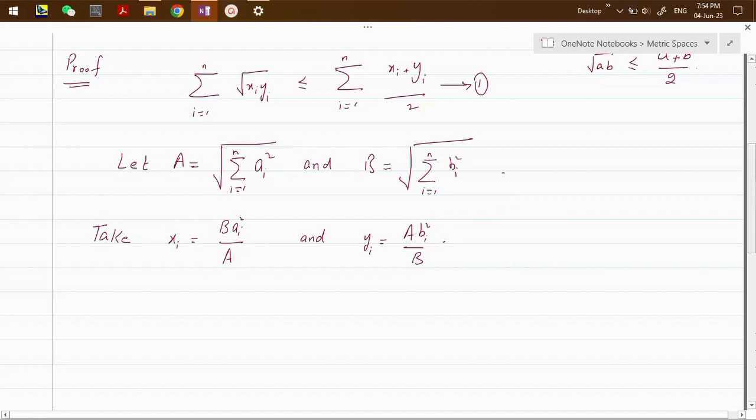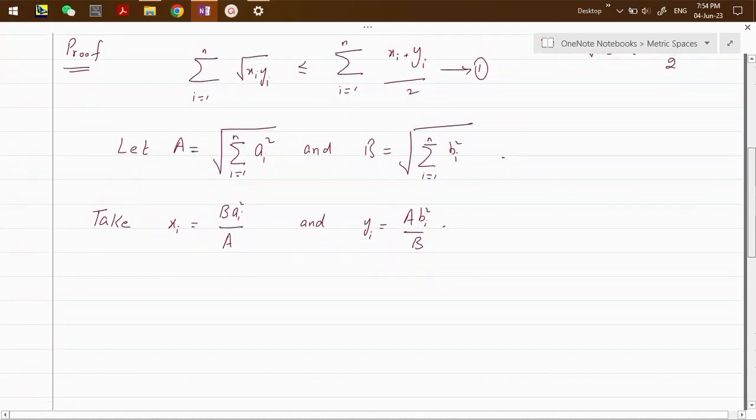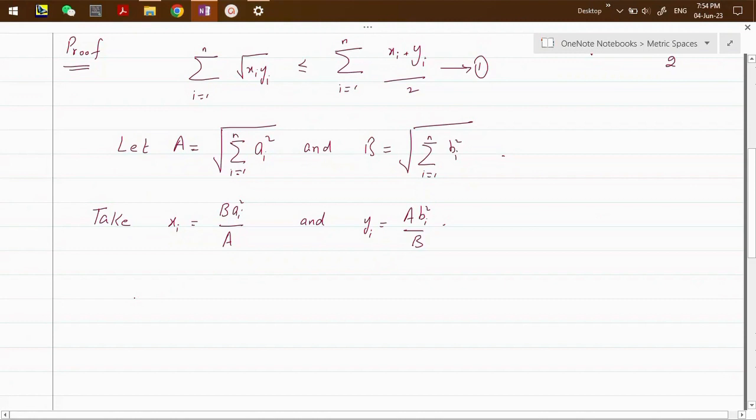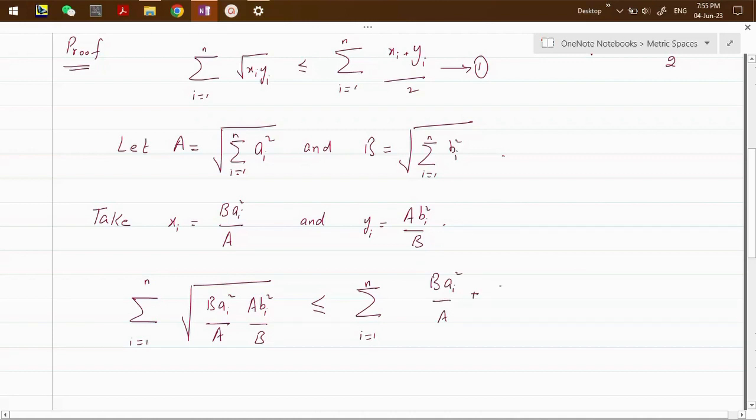When we put all these values of xi and yi in our equation 1, we get summation i from 1 to n root of b ai square over a into a bi square over b, less than or equal to summation i from 1 to n of b ai square over a plus a bi square over b, divided by 2.